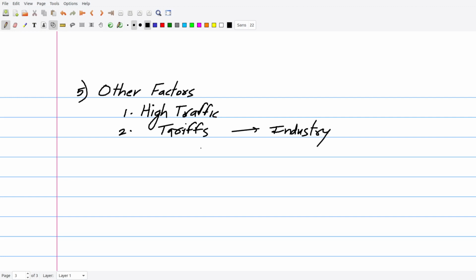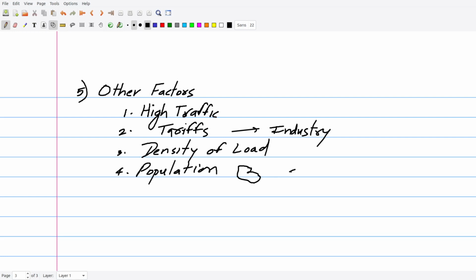Industry. Then the third point is the density of load. Then the fourth point is population. Sometimes some areas may have a very high population, some have less. Correct. Then you have the changeover from winter to summer. So this transition.